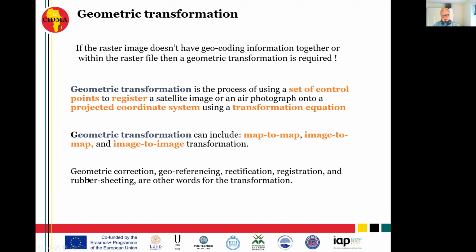Geometric transformation is sometimes called geometric correction or georeferencing or rectification, registration. It could even be called rubber sheeting, because the transformation is like having a rubber sheet that you stretch out in some directions.